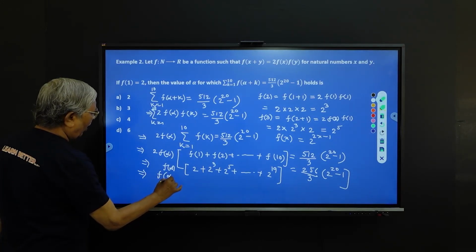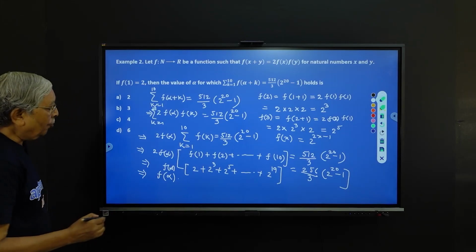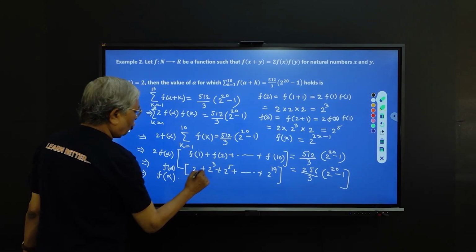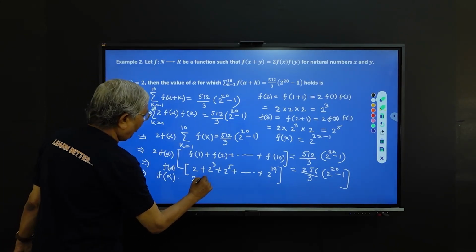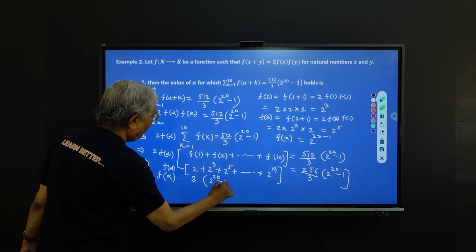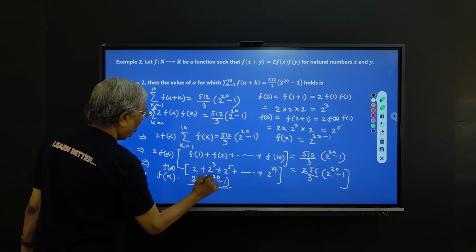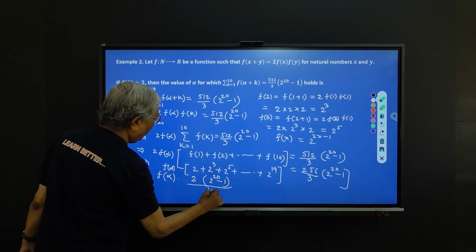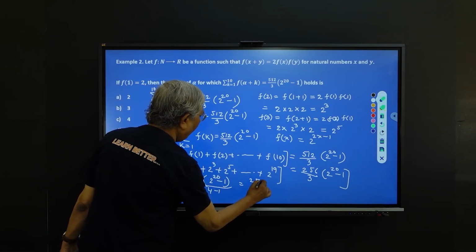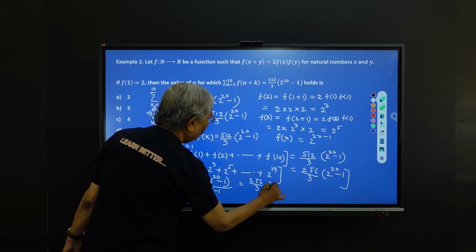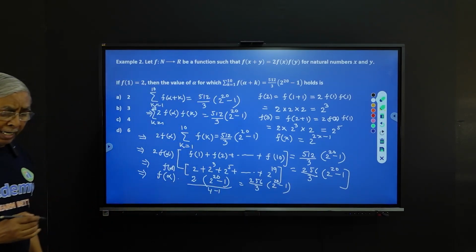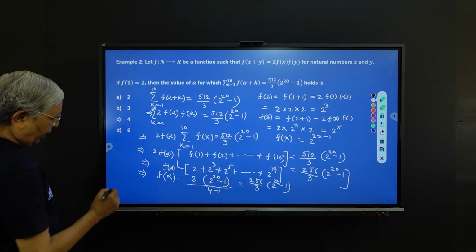So this is our f(α) into a into (r to the power n minus 1). a means 2, the common ratio r is 2 squared, so whole to the power 10, (2 to the power 20 minus 1), the common ratio is 2 squared, so 4 minus 1, this is equal to 256 by 3 into (2 to the power 20 minus 1). So this will imply f(α) is equal to 128.